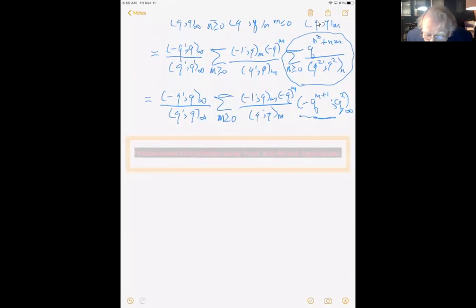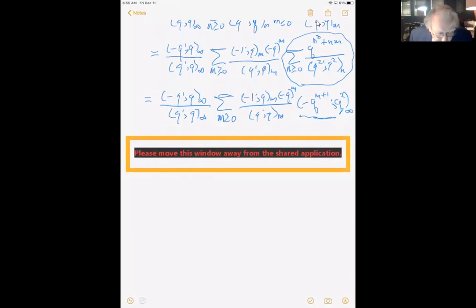If m is even, this infinite product will have only odd exponents, and if m is odd, it will have only even exponents. So what one does is to break this down into two infinite series depending on whether m is odd or even.